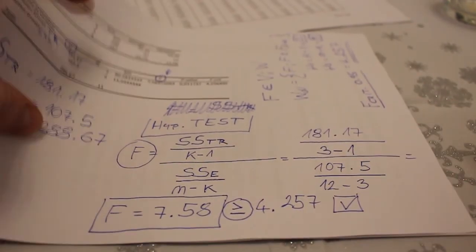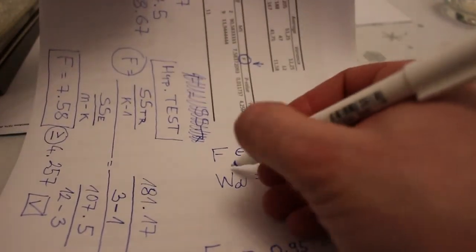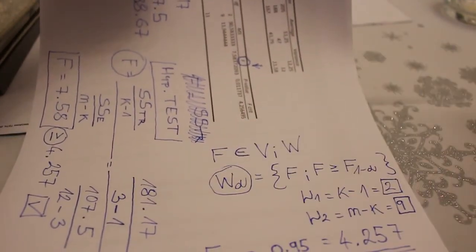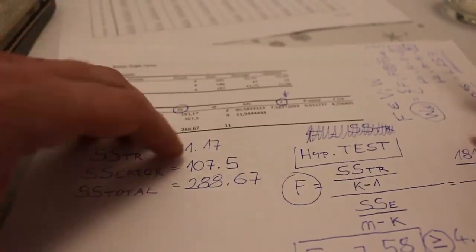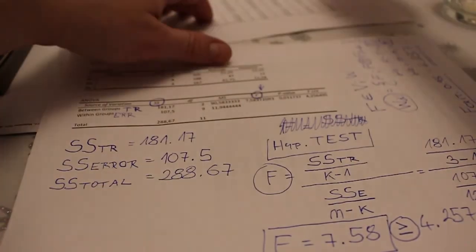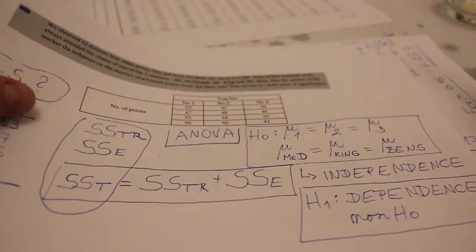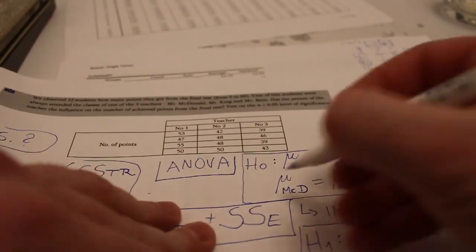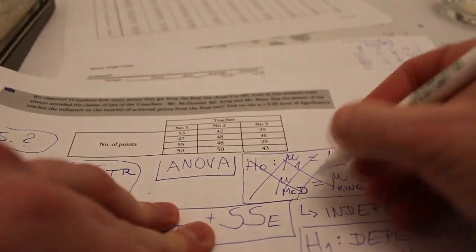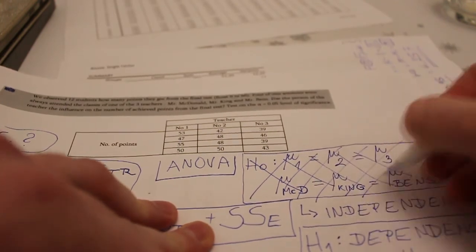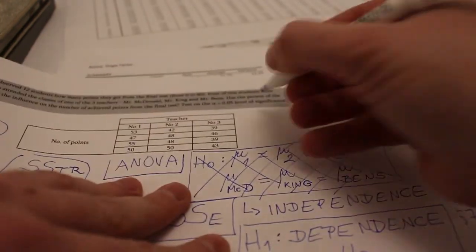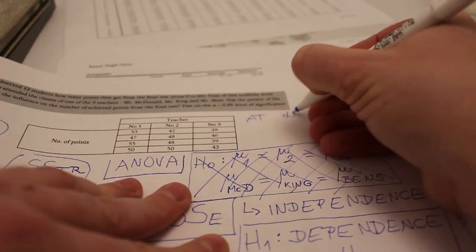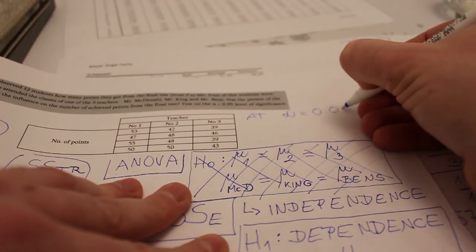So we entered the rejection region, because this is valid. And the zero hypothesis will be rejected. So this zero hypothesis is rejected at a 5% significance level, at alpha equal to 0.05.